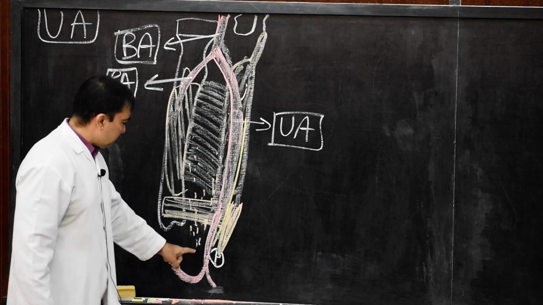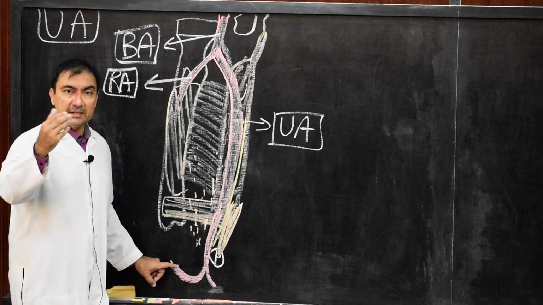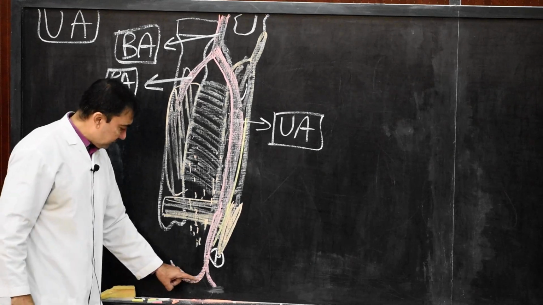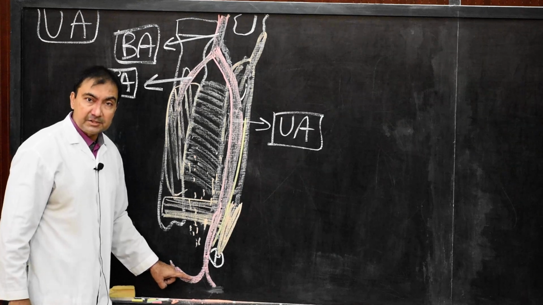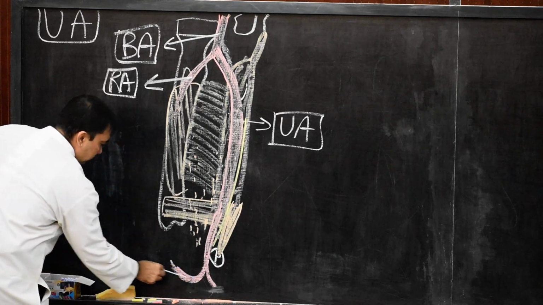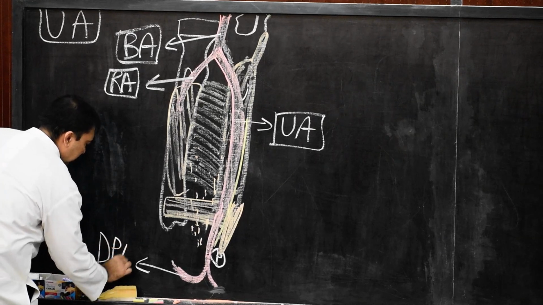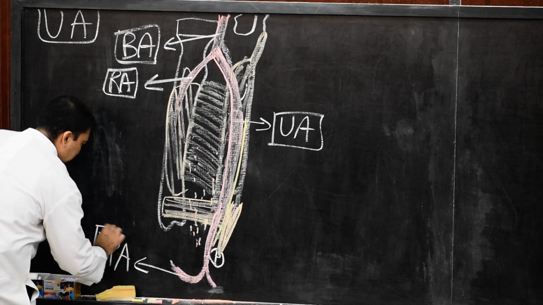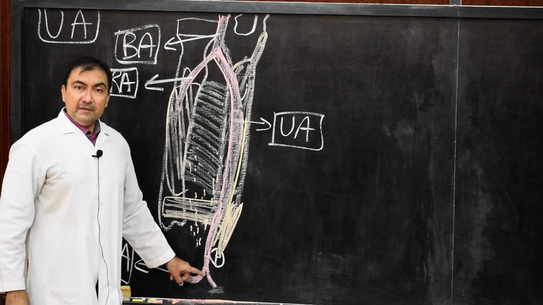And the deep branch of ulnar artery will anastomose with the deep branch of the radial artery to form the deep palmar arch. That is why we have shown this. So here we are showing this as the deep palmar arch. So this is how the termination of the ulnar artery will take place.